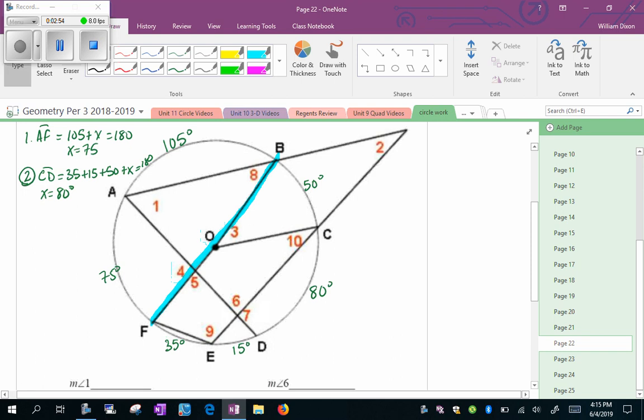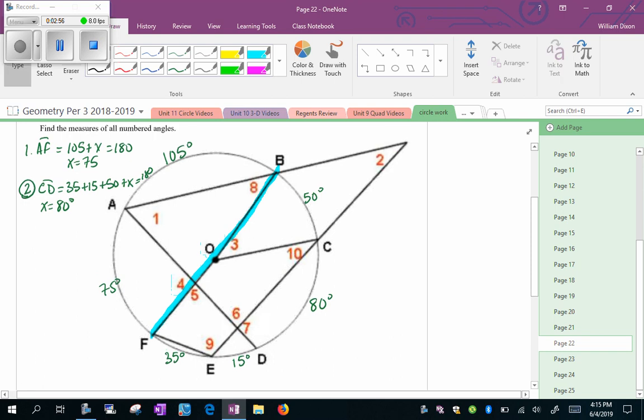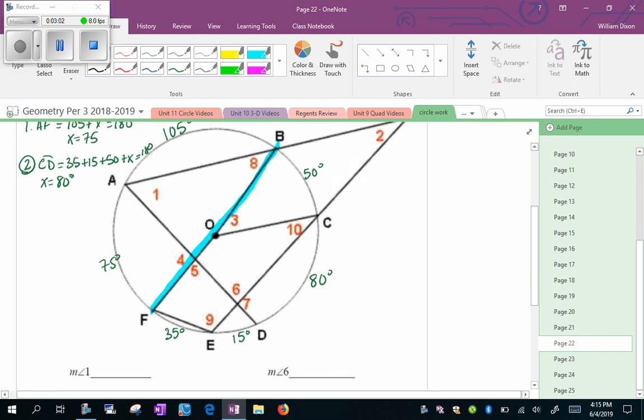All right, now I can start the work because a lot of this information, again, is just concepts and ideas of circles that we've already discussed in class. So let's go for the measure of angle 1. The measure of angle 1 is an intercepted arc. So it intercepts arc DCB, so I know it's going to be half of that.